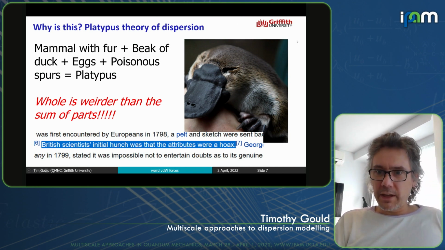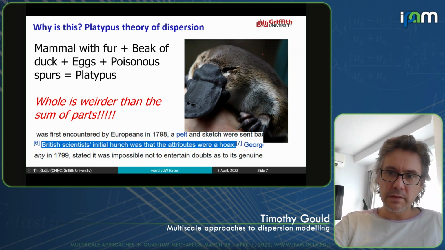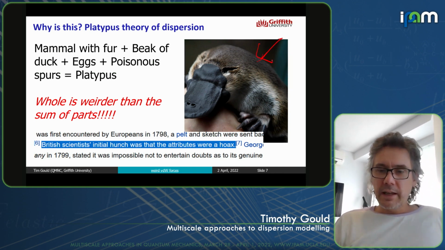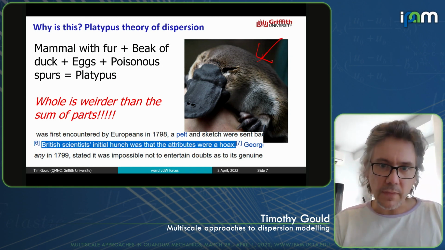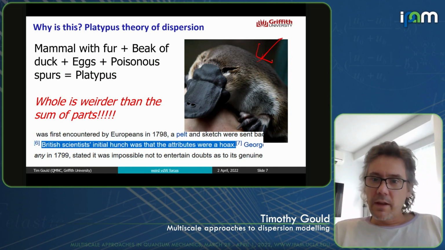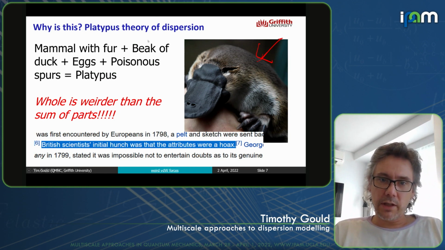So why the platypus theory? Well, this very cute little fellow here is a platypus, and they are native to Australia. They only appear in Australia. They are extremely hard to keep alive in captivity. But let's just look at what goes into a platypus.